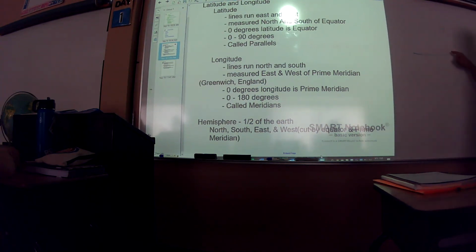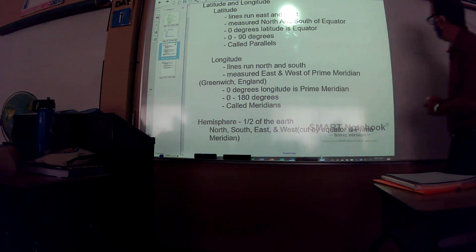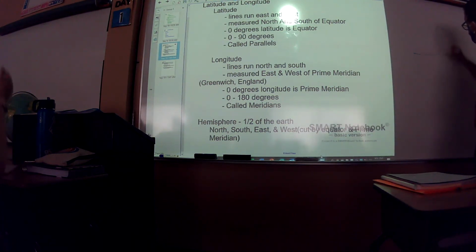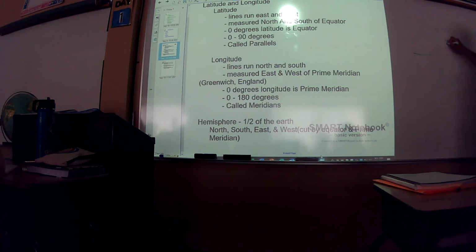So if I was right here, on this globe, what hemisphere is that? Raise your hand. Who knows what hemisphere this X is in? Northeastern. It's in the northern hemisphere and it's in the eastern hemisphere.